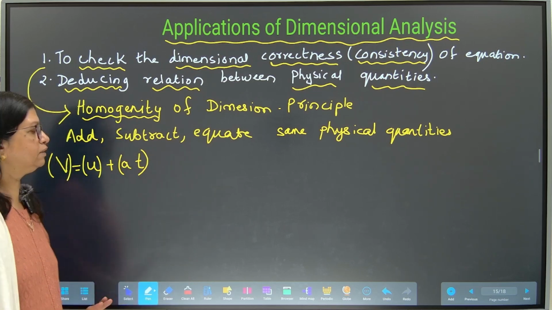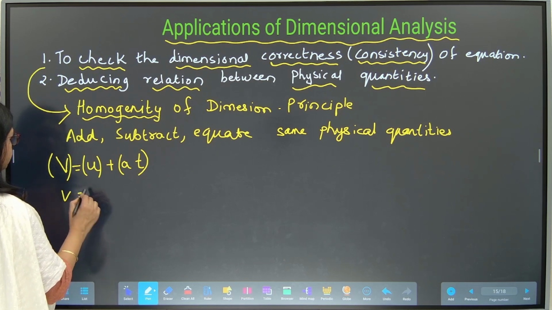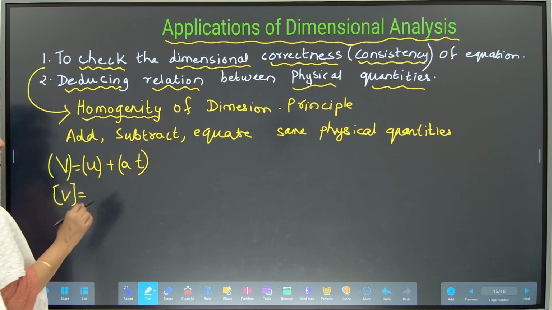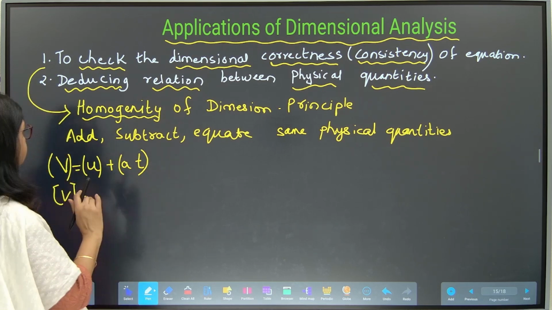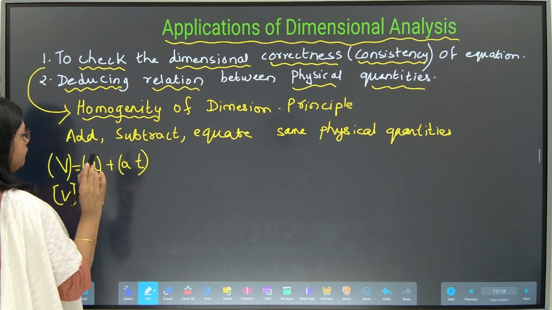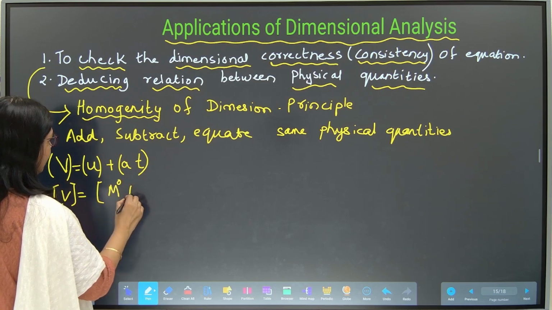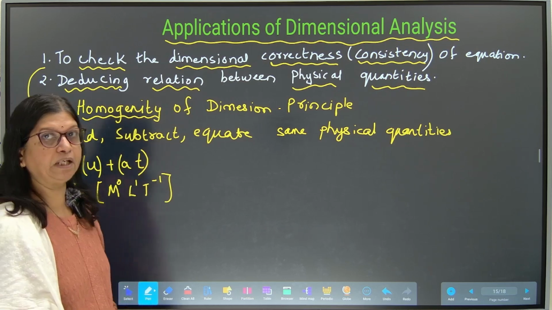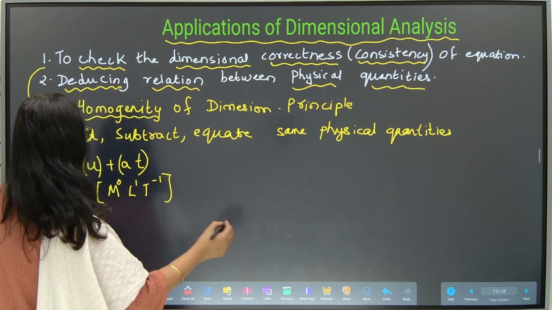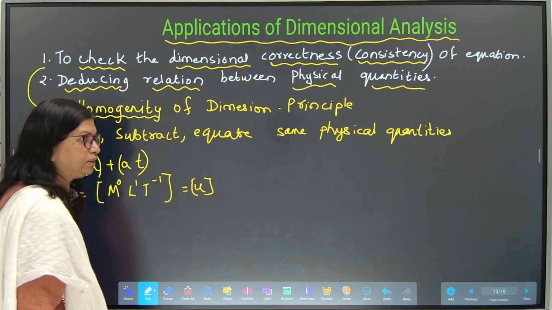So first let us write the dimensional formula. Remember, dimensional formula always we have to write in the square bracket. What is the dimensional formula of velocity? [M^0 L^1 T^-1]. This should be in your memory. Same will be the dimensional formula of u because it is initial velocity.